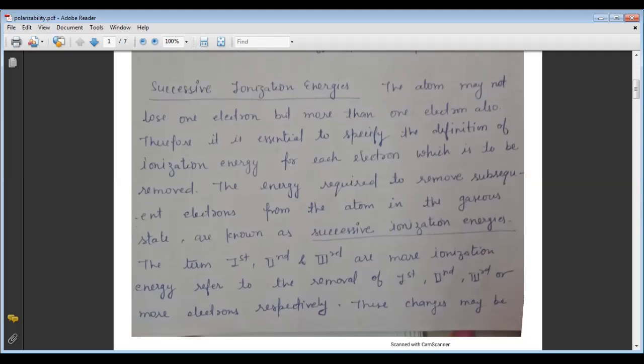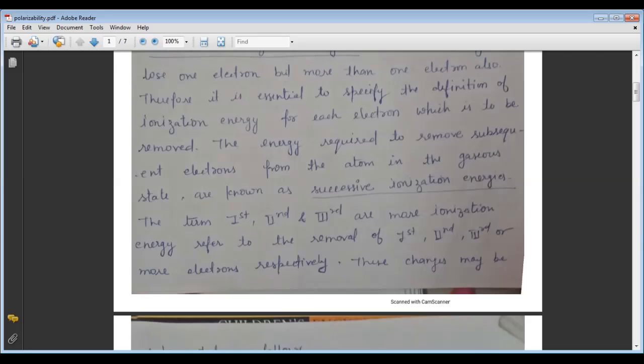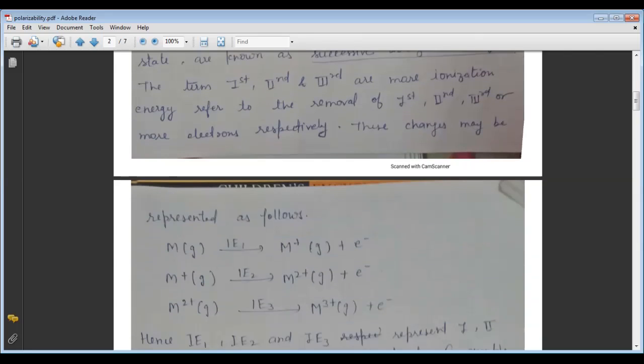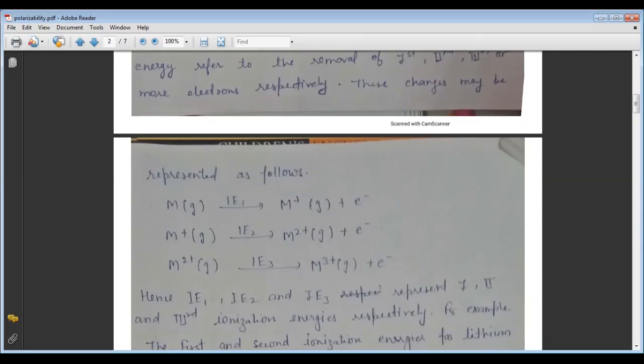The terms first, second, and third ionization energy refer to the removal of the first, second, third, or more electrons respectively. For the first electron, the first ionization energy; for the second electron, the second ionization energy; and for the third electron, the third ionization energy. Their change may be represented as follows.